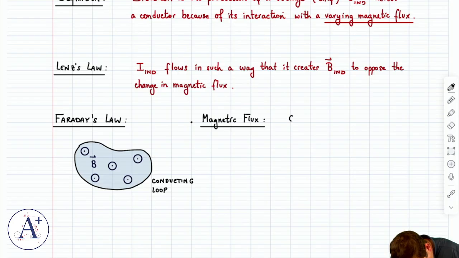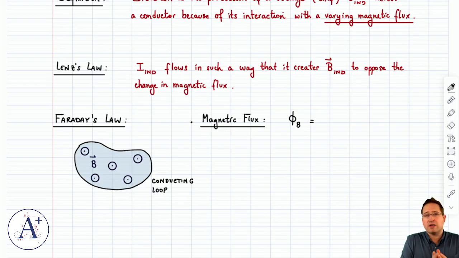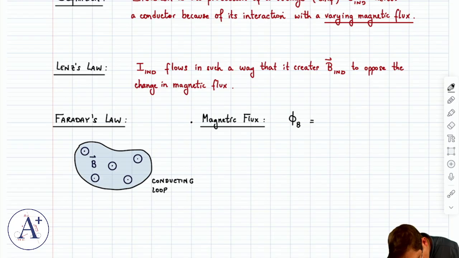Okay, now the magnetic flux is going to be the same thing as the electric flux, it turns out. Right? Electric flux counted the number of field lines that went through a surface, of course, of electric field lines. Well, magnetic flux is going to count the number of magnetic field lines that go through a surface. Right? So I expect the math to be the same, right? This is going to be the integral over some area of B dot dA, just like I had the integral of E dot dA in Gauss's law.